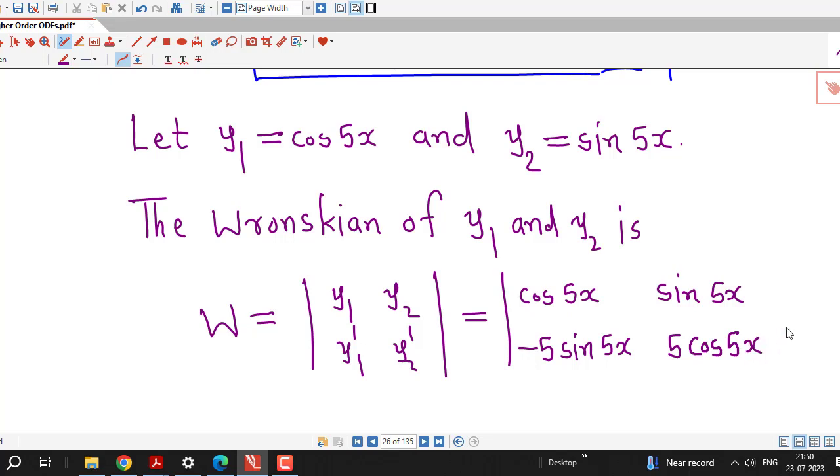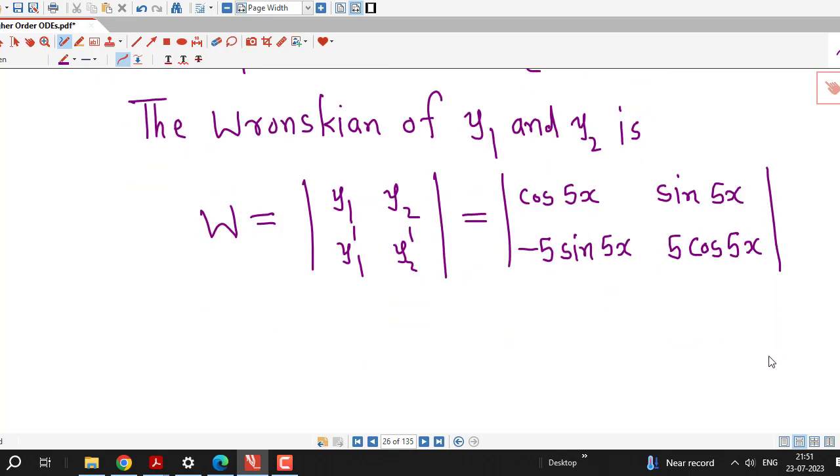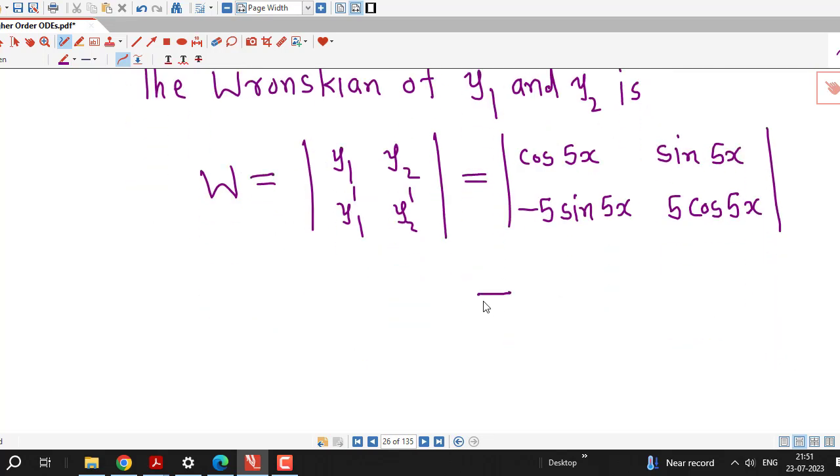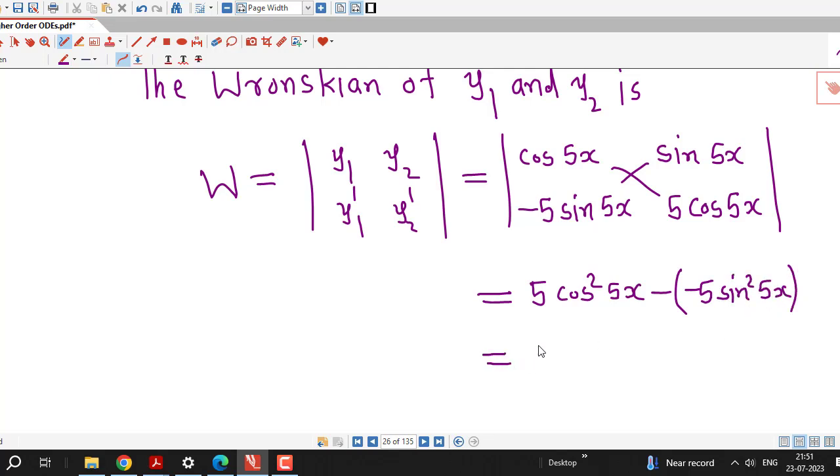So it is 5 times cos 5x. Now we have to take cross multiplication: 5 times cos 5x into cos 5x, that is 5 cos square 5x, minus minus 5 sin square 5x, which is plus, and we can take 5 common.